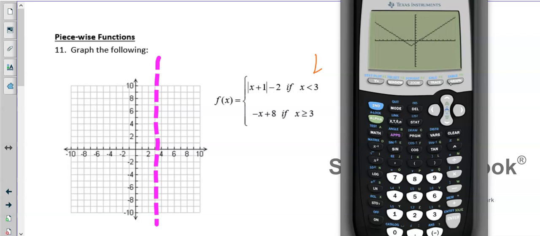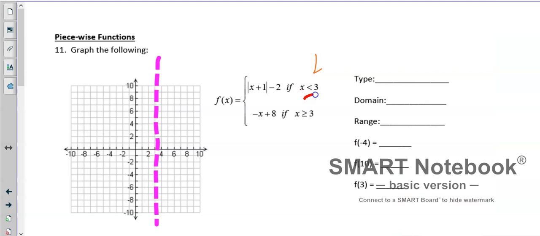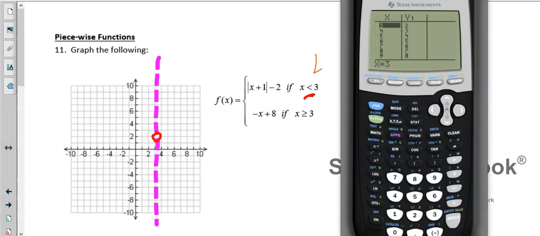But we could also just start from 3. Now remember, at 3, 2, it's going to be an open dot because of this right here. So we go to 3 and put 2, and we're going to put an open dot right there. And now we're just going to graph everything to the left of it. We don't want these numbers bigger than 3.